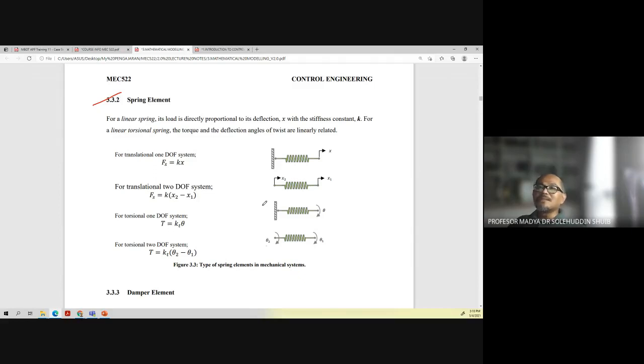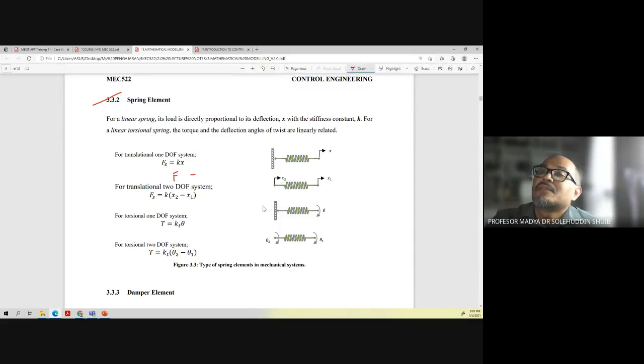the basic concept is very simple. Which is, for 1 degree of freedom, we have spring force. Okay, this is a spring force equal to kx.